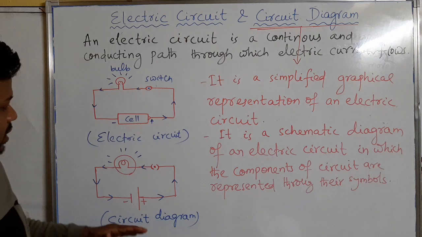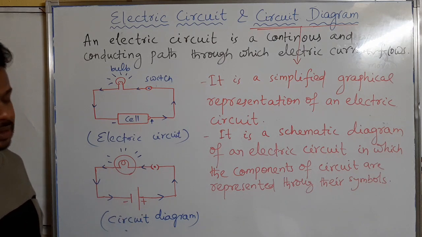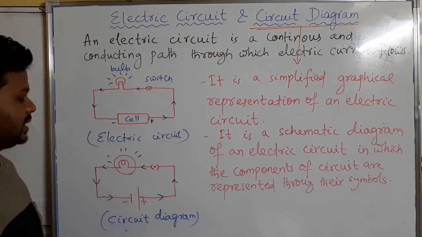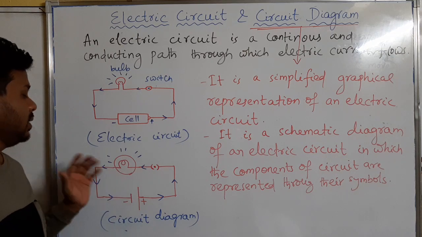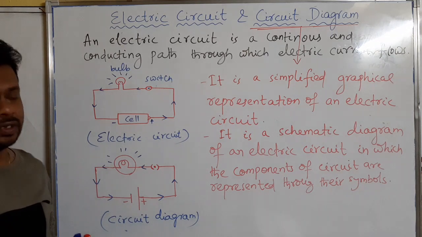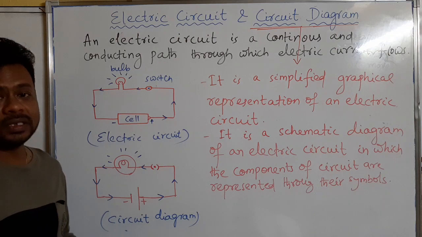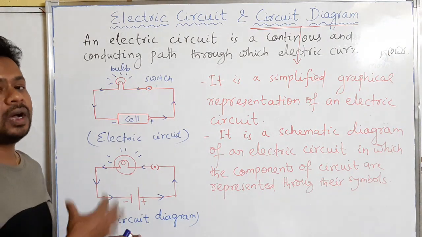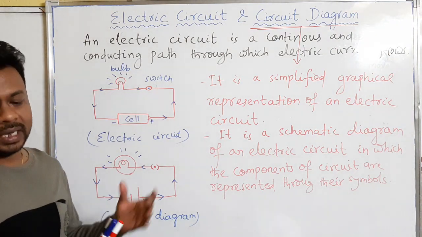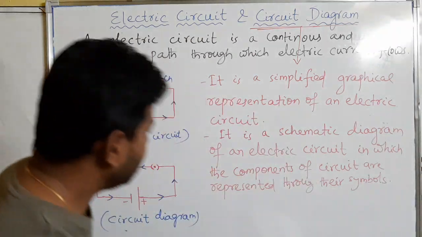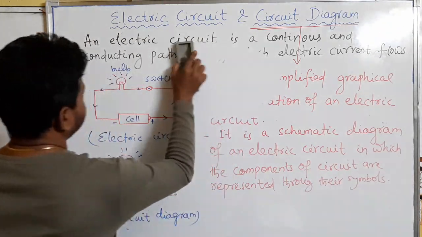Then the question is, what are the other symbols? I have told that different electrical components can be used in an electric circuit. So we will now discuss what are the symbols of the other electrical components, and how they are symbolized.